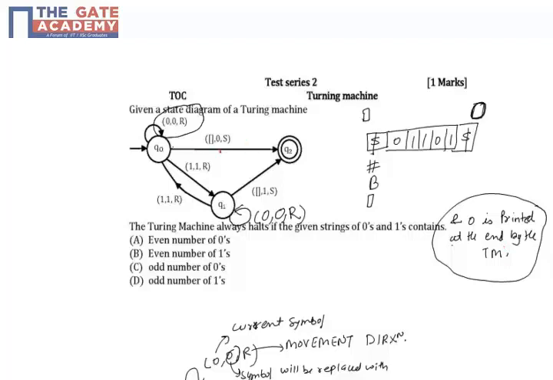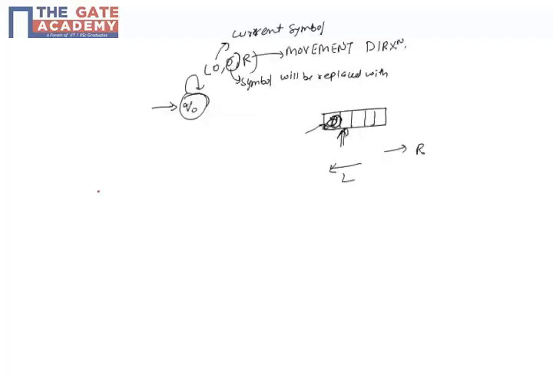When it follows this edge, so whenever it has a transition on Q0, it will go to my Q2. So the answer is B, even number of ones.